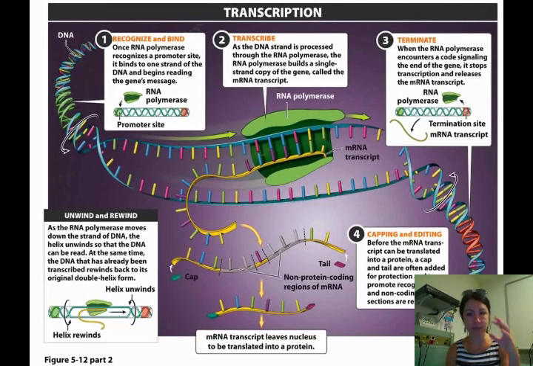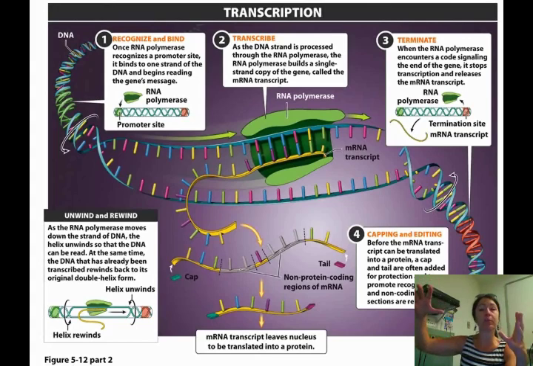And so it stops copying and stops making the mRNA transcript. Then we have this chunk of mRNA. As you can see in the middle, the DNA is unwound, but only at a certain point, and the mRNA comes in and makes that complementary copy.